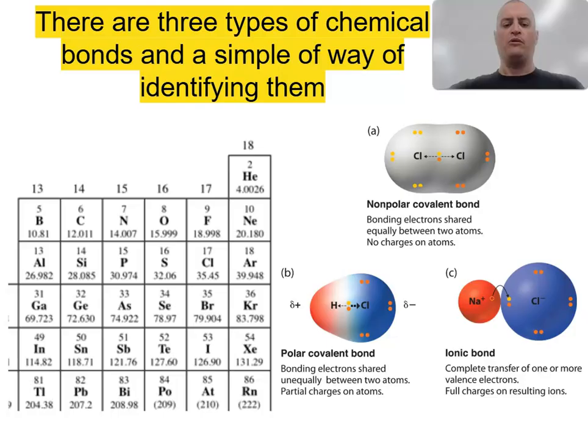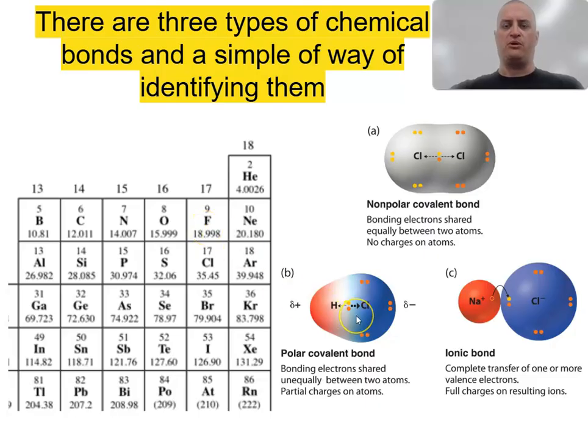Now, when we're thinking about this, we need to determine which one is going to be more electronegative. Fluorine is the most electronegative element. As you go away from fluorine, the electronegativity decreases.